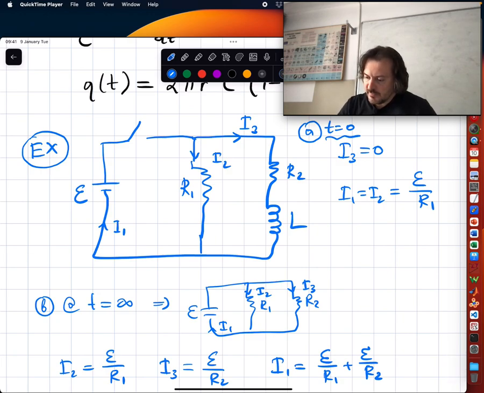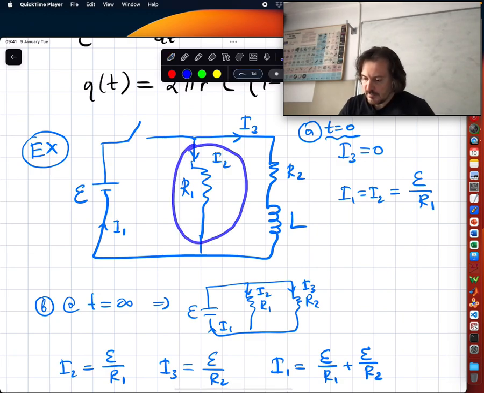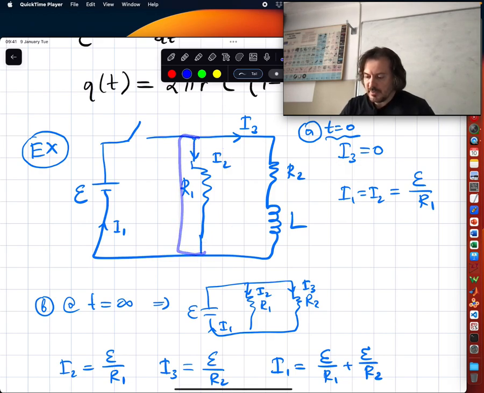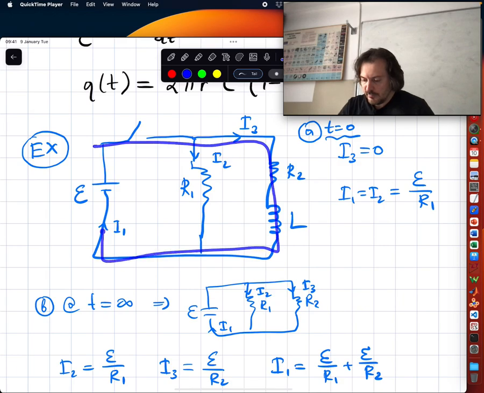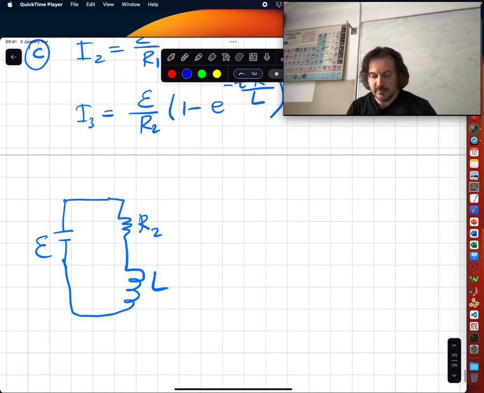So I can just simply ignore this part because I always supply the same. It would have been different if there was also some resistor here. That would mess it up. But otherwise, the voltage applied across these points is always E. So you can just take this loop and draw it like this.